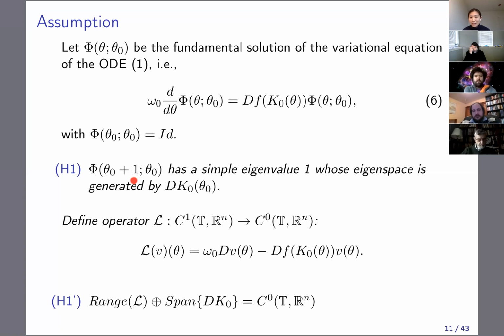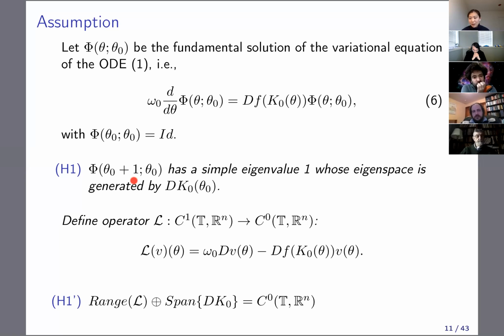One example where hypothesis H1 is satisfied is when the amplitude equation has a hyperbolic periodic orbit. And of course, one case where hypothesis H1 cannot be satisfied is when there exists a conserved quantity for the amplitude equation. This assumption H1 can be formulated using functional analysis.